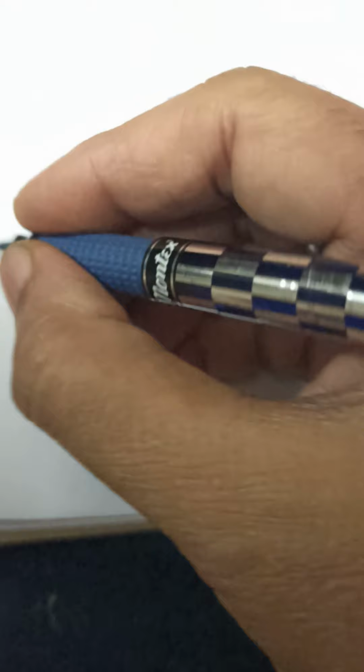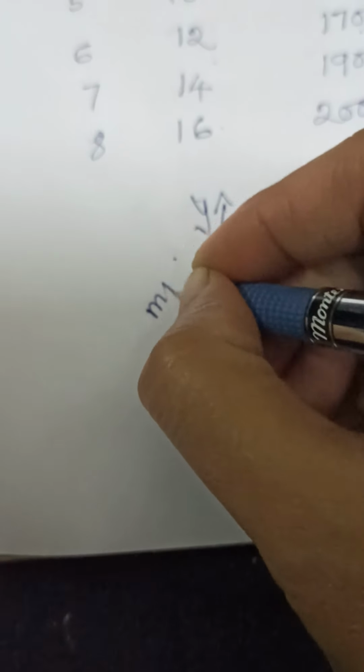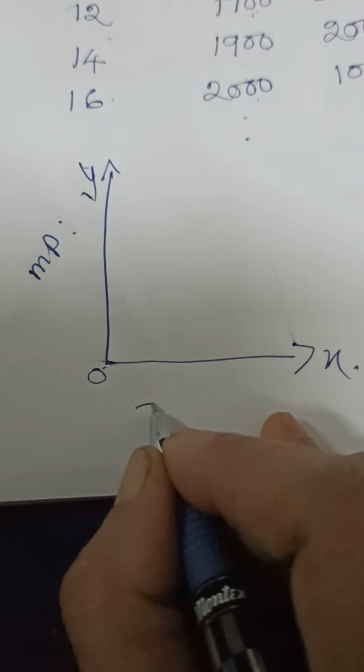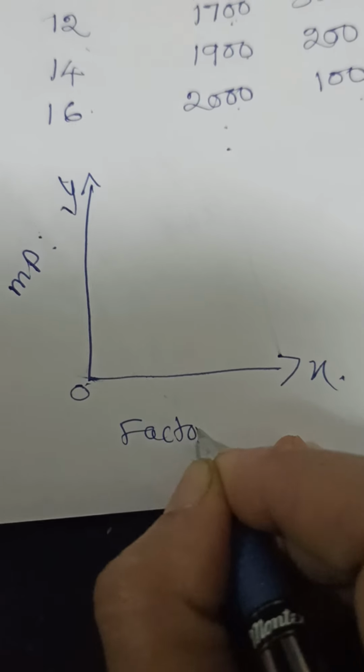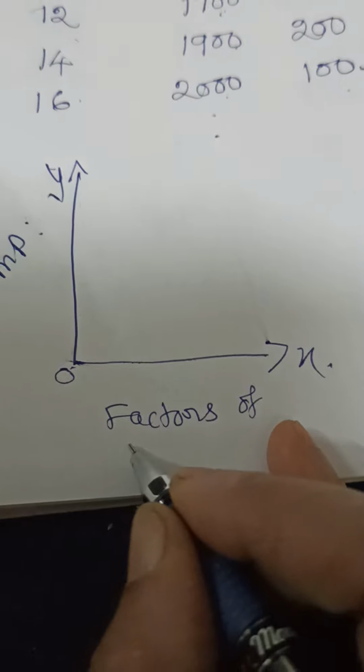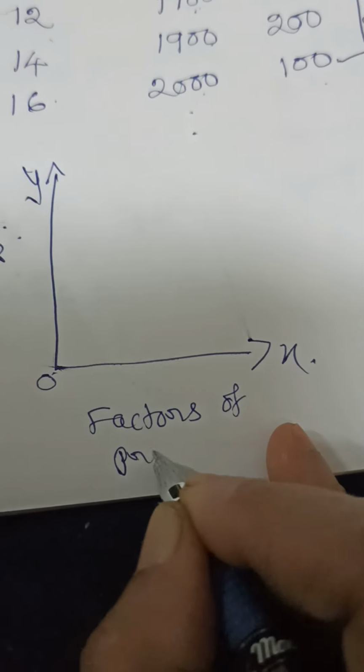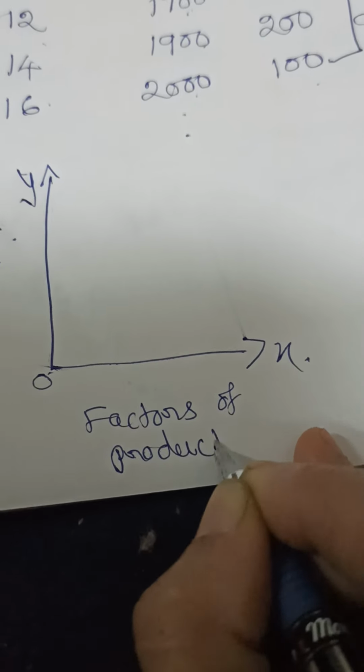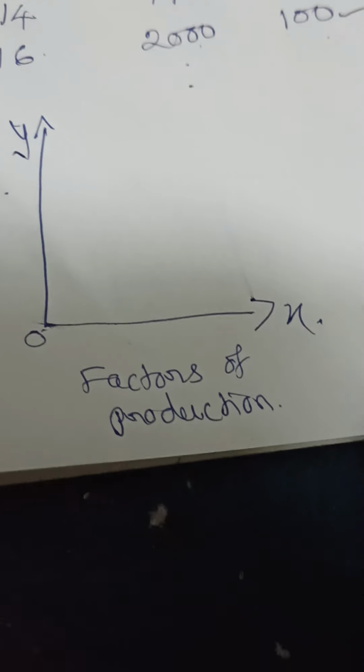First you have to mark the axes, and this is MP, and here factors of production, meaning we have taken capital and labor together, factors of production. That is, you have to show it on the x-axis.